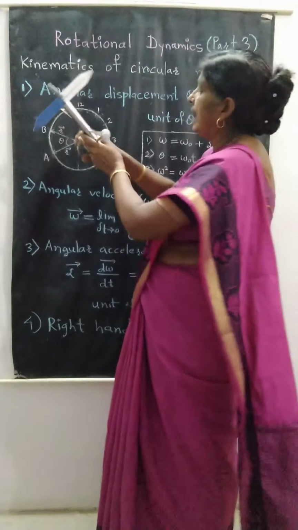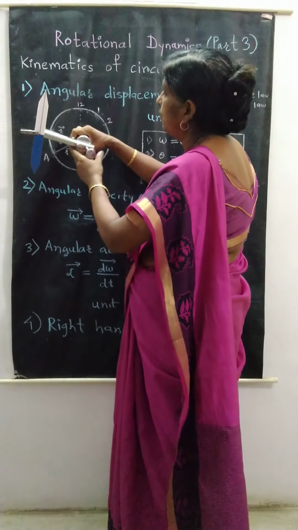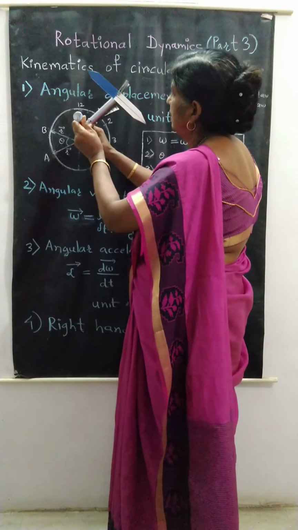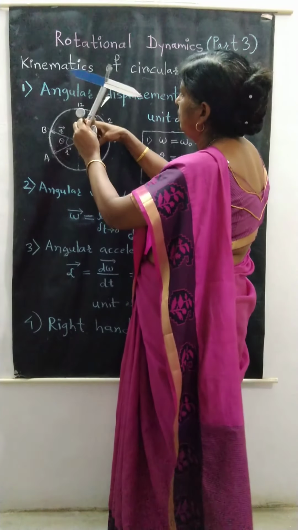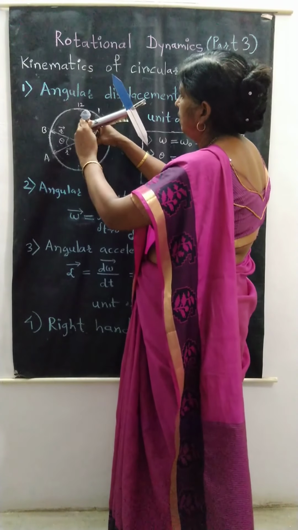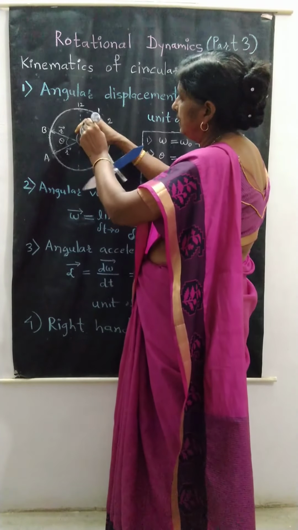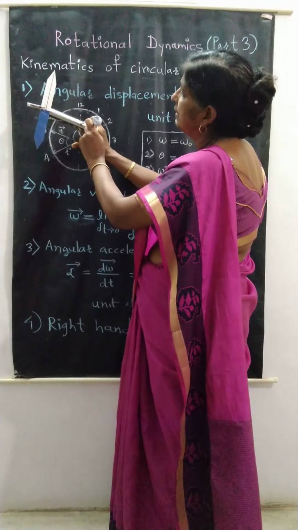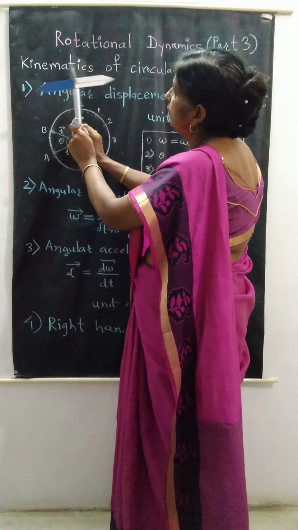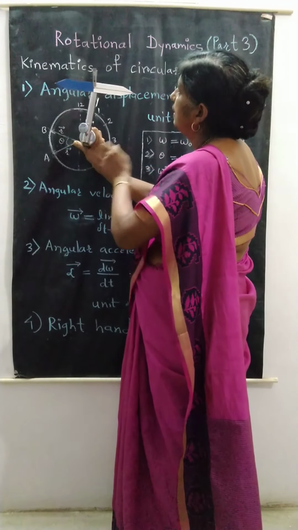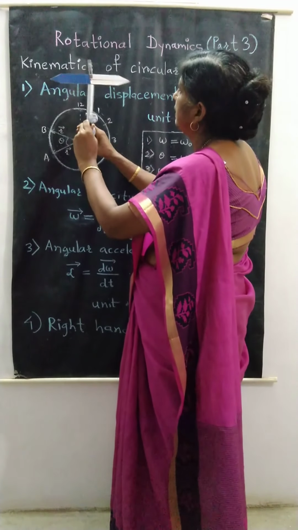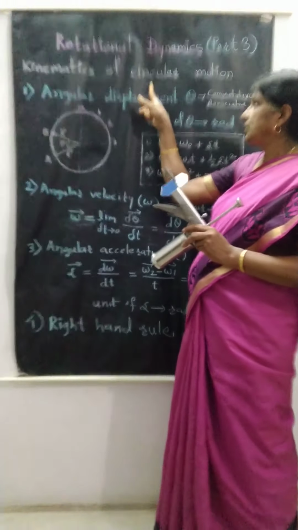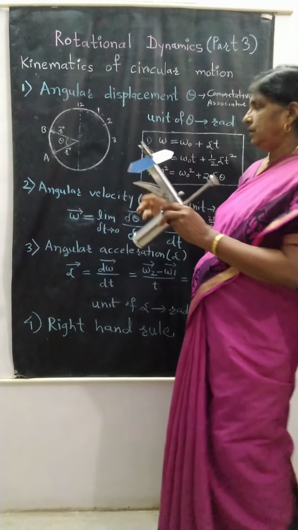Hence, as the body rotates in clockwise direction, this white arrow will show the direction of the linear velocity. And as you are observing here, the direction of the linear velocity is changing from time to time. Therefore, there is acceleration produced in circular motion.